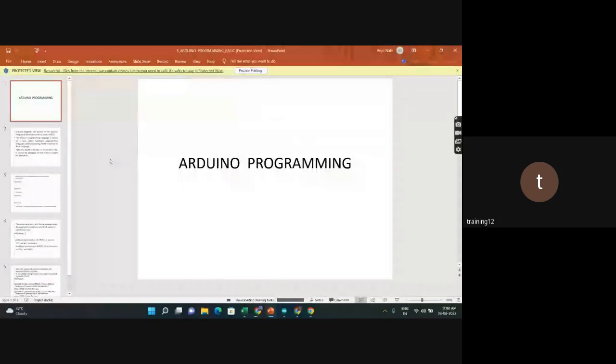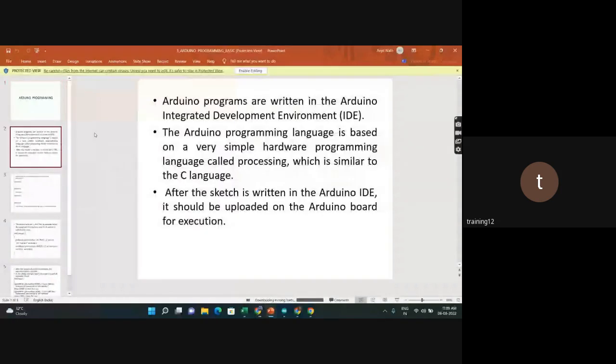Next is Arduino programming. How do you do Arduino programming? Arduino programs are written in the Arduino integrated development environment, that is the Arduino IDE. It is special software running on your system that allows you to write sketches for different Arduino boards. In the Arduino IDE, different boards are available.